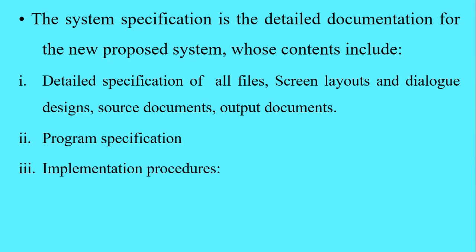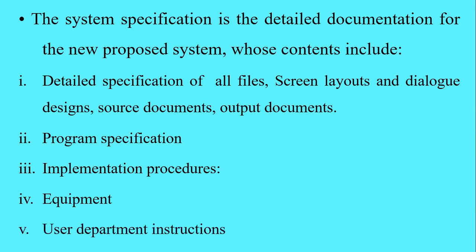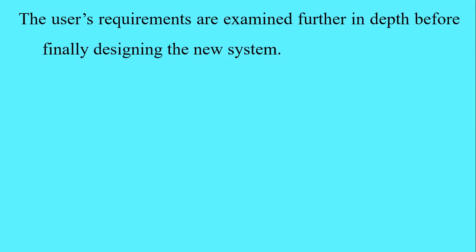Number three is the implementation procedures. Number four is equipment. Number five is user department instructions. The user's requirements are examined further in depth before finally designing the new system.